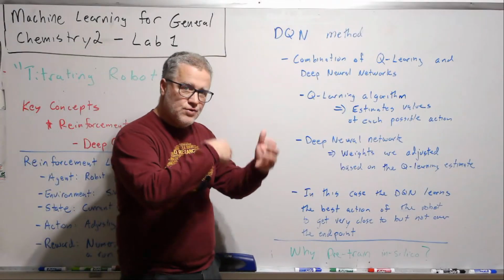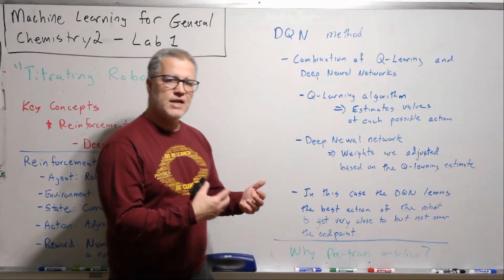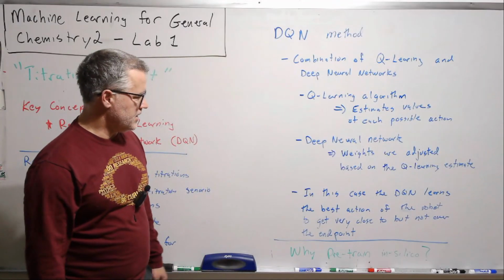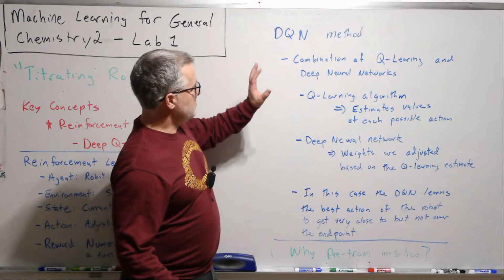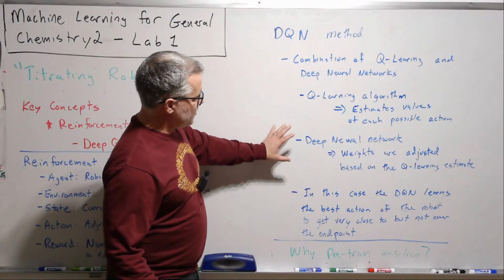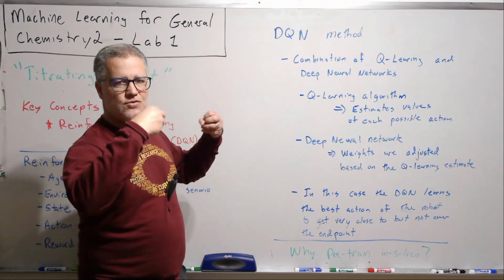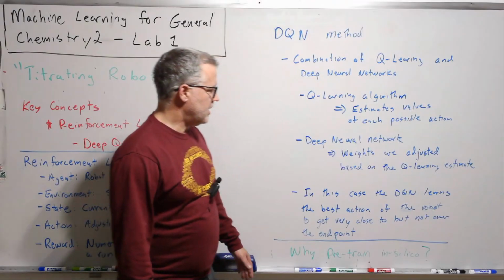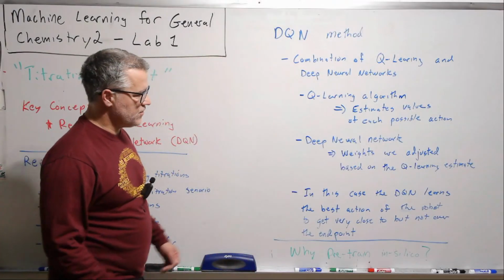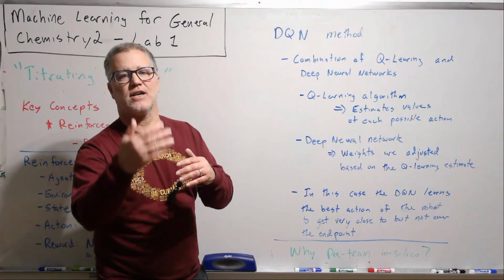And then those will be used by the deep neural network to adjust the weights in its network. And in doing this, the neural network develops the right weights to perform the right actions. In this particular case, the DQN will learn the best action for the robot to get very close to the endpoint, but not go over.